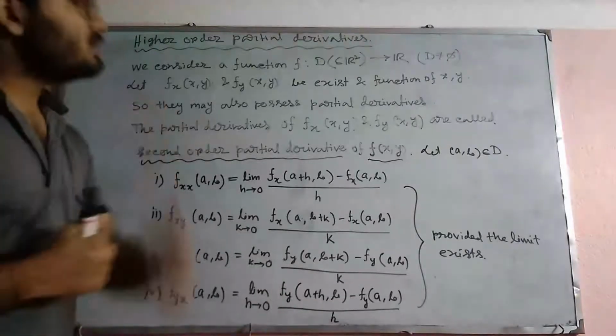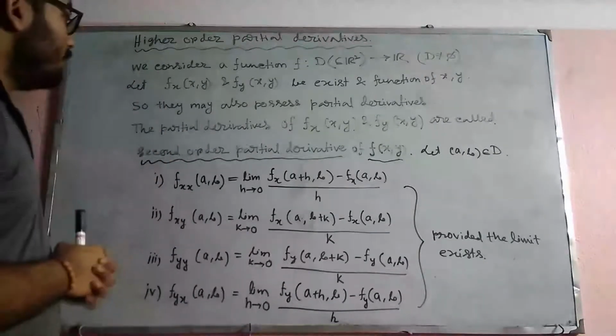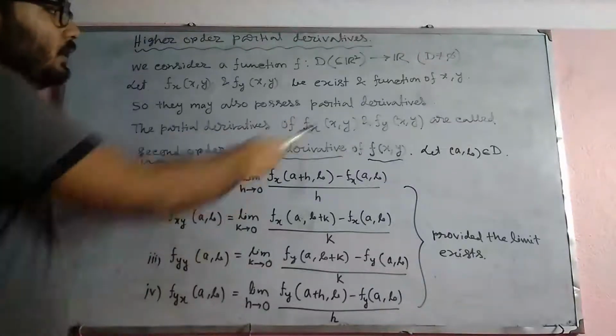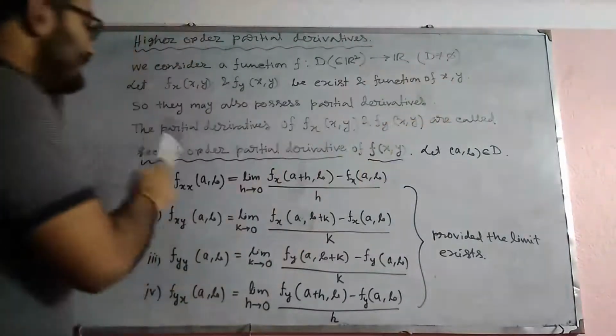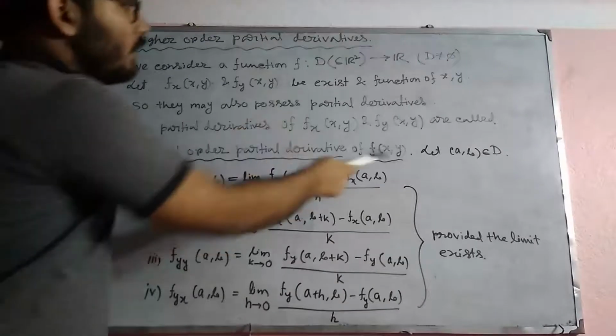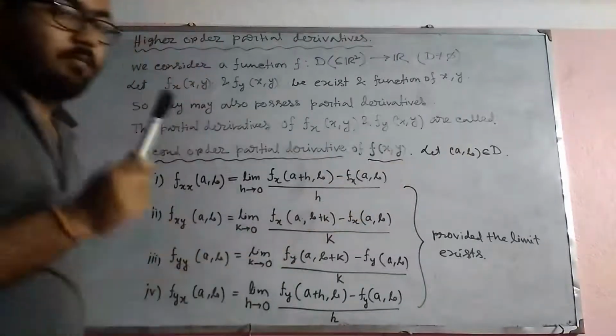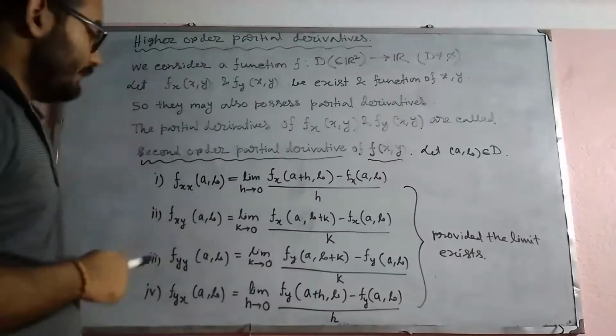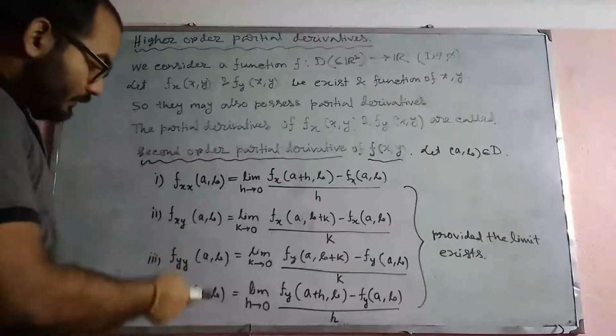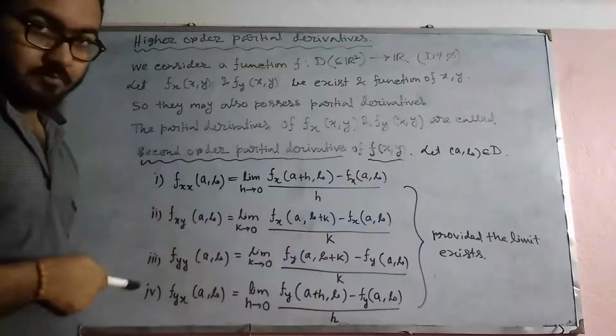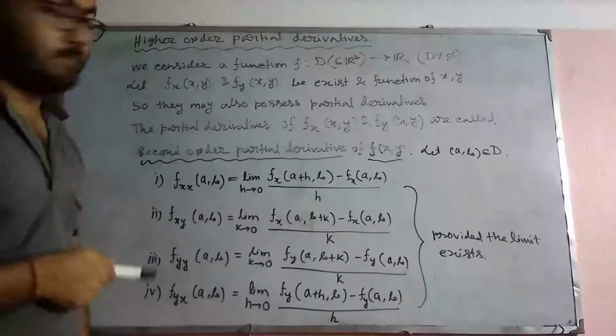So they may also possess partial derivatives. The partial derivatives of these are called second order partial derivatives of f. Let us consider a point (a, b) from the domain. Then we have these four definitions of partial derivatives.